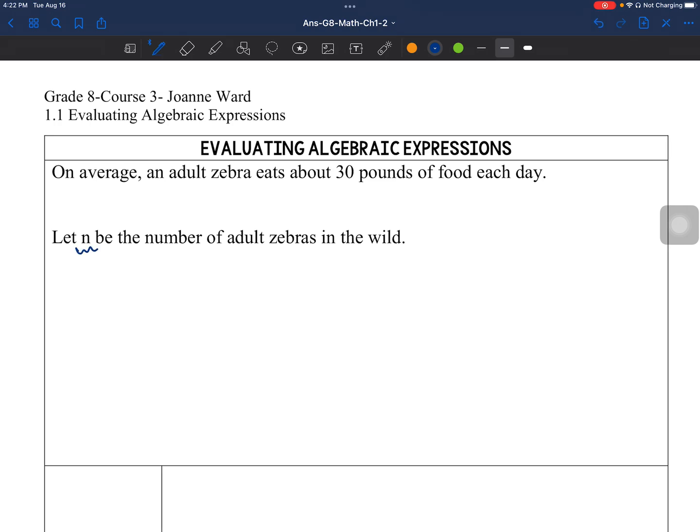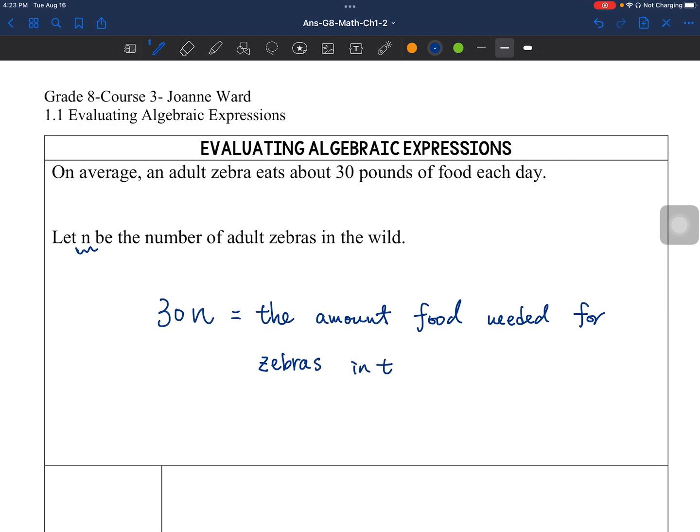If n is the number of zebra in the wild, then 30 pounds times n equals the amount of food needed for zebra in the wild.